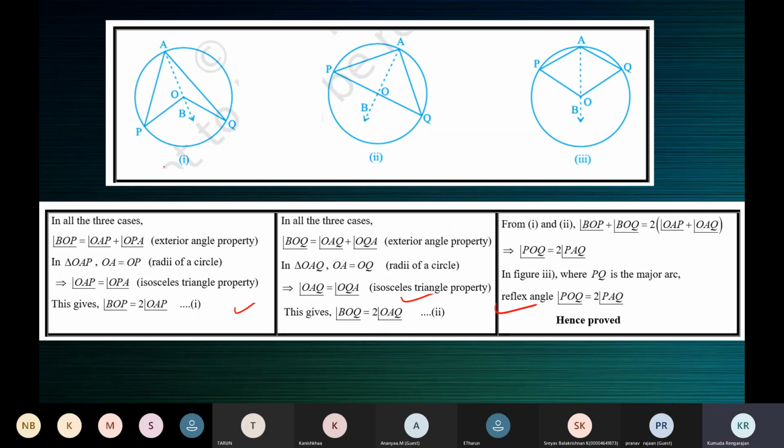Since we need to look at the figure to write the proof, I've put the same picture here on this slide. You don't have to repeat the drawings.